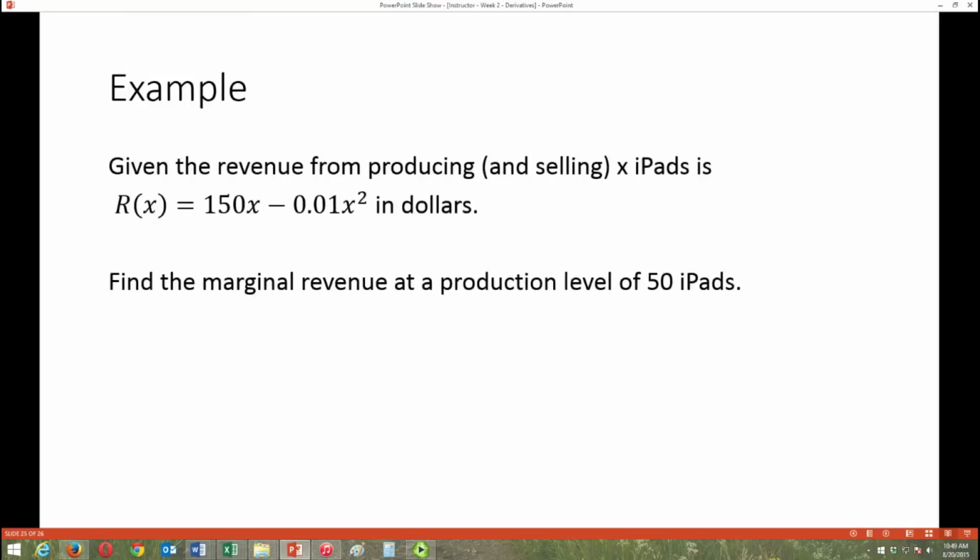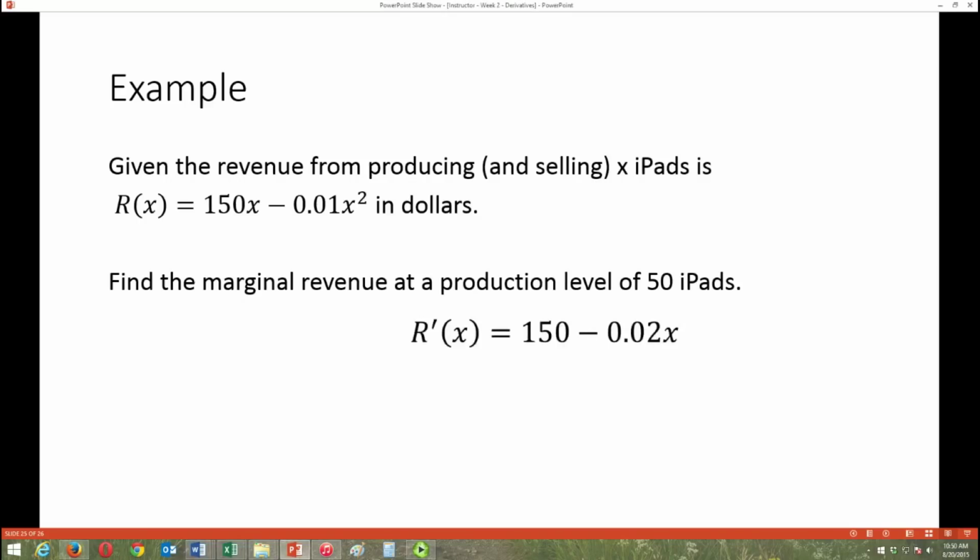Let's look at an example of marginal revenue. Given the revenue from producing and selling x iPads is R of x equals 150x minus 0.01x squared in dollars, find the marginal revenue at a production level of 50 iPads. Notice we're not given points here, but we're given the actual function and want to find the marginal revenue. We can simply take the derivative to find it.